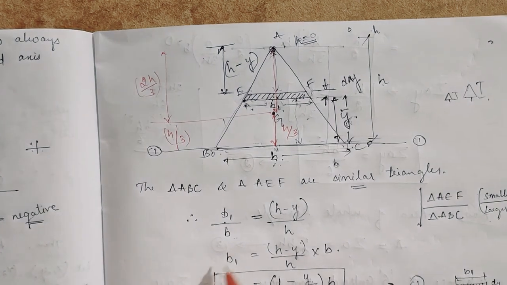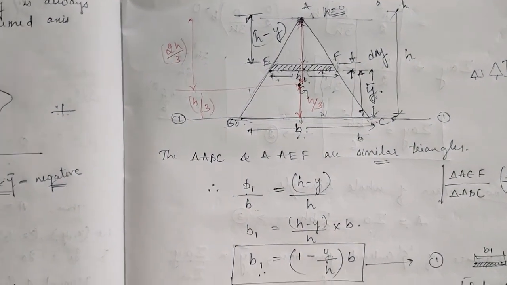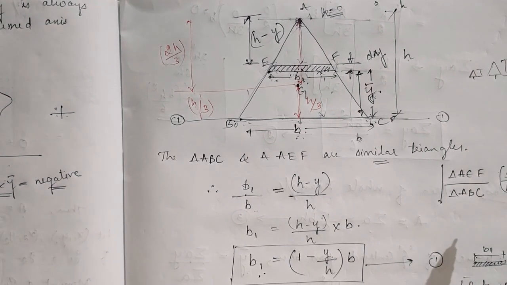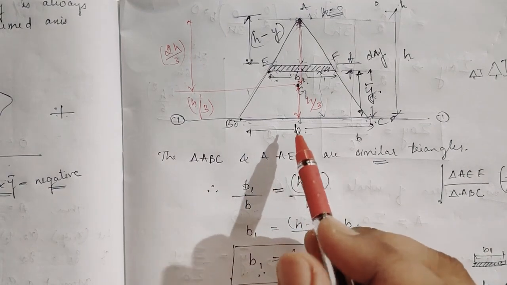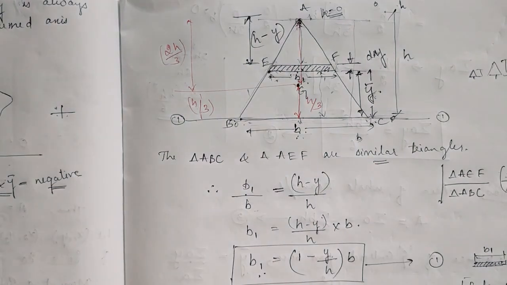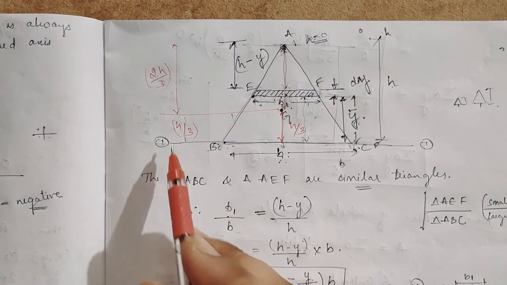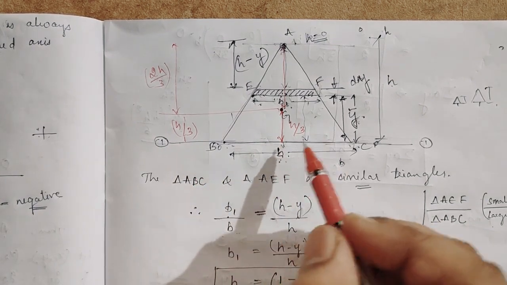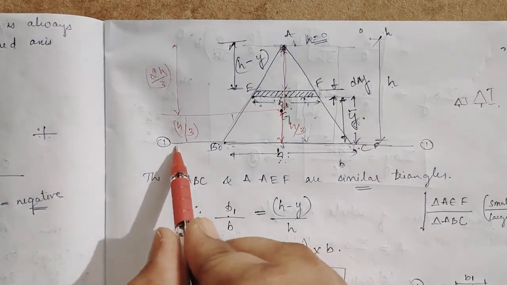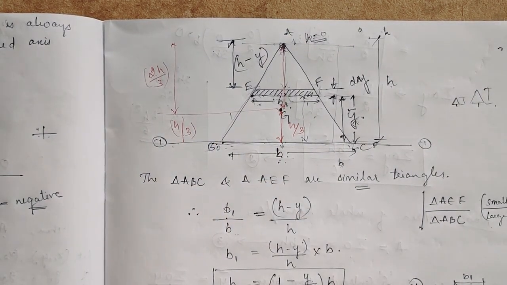So please remember the G. In the support reactions, when we did UVL and a triangular load came, we did this, h by 3 from base, 2h by 3 from apex. If you remember the third module, how did you convert it to a point load? The point load acts at a distance of h by 3 from base, at a distance of 2h by 3 from apex. Based upon this centroid concept only, that concept has arrived.